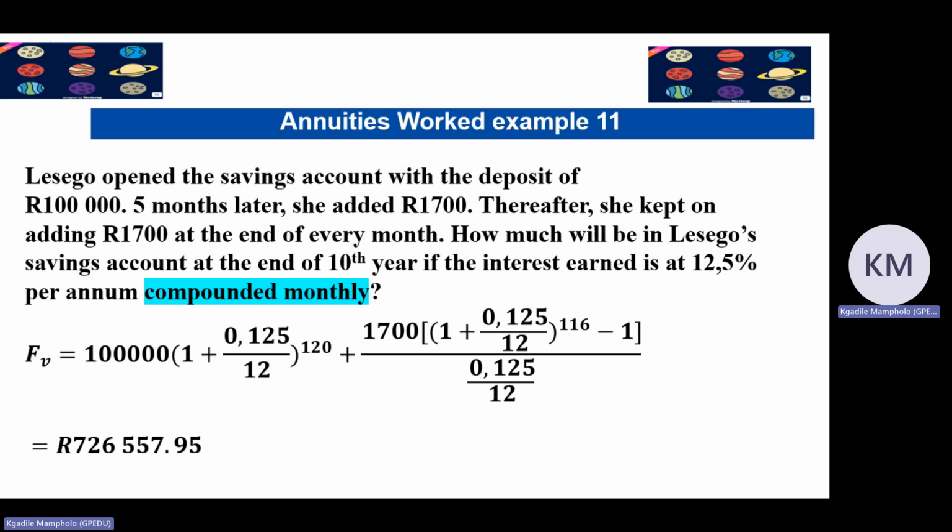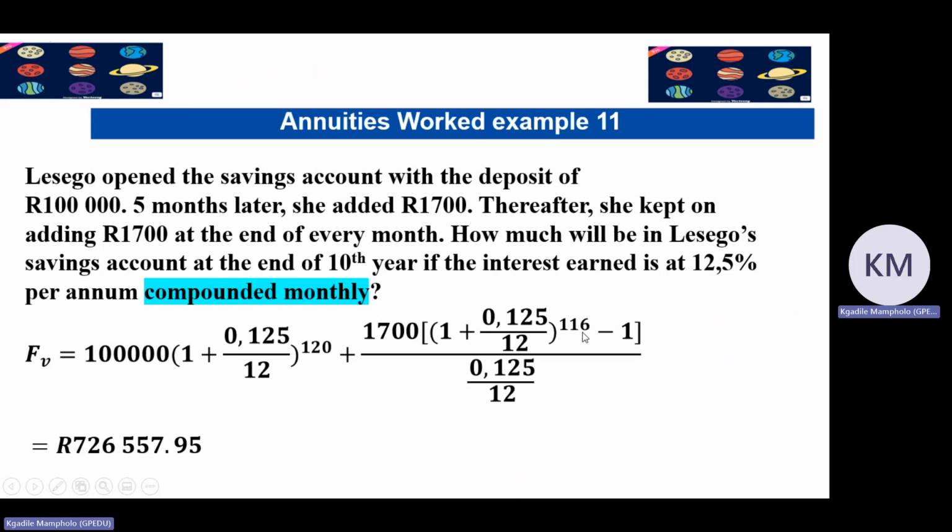But since this is compounded monthly, your N will be 120. It means it will earn interest for 120 months. The interest, 12%, we convert to decimals, we divide by 100 and over 12 because it's compounded monthly. Then in the annuity future value formula, you'll substitute 1,700 because it was a fixed payment.